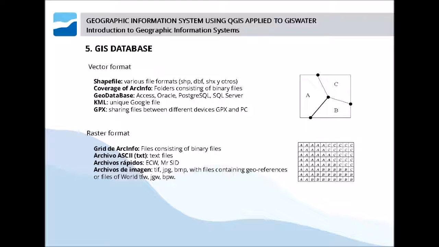Other formats include ArcInfo coverage format, Geodatabase, KML, and GPX. And now for raster formats. We have ArcInfo Grid, ASCII, which are text files, and image files or orthophotos in TIF, JPG, BMP format with a georeferencing file such as TFW, World, JGW, or BPW.